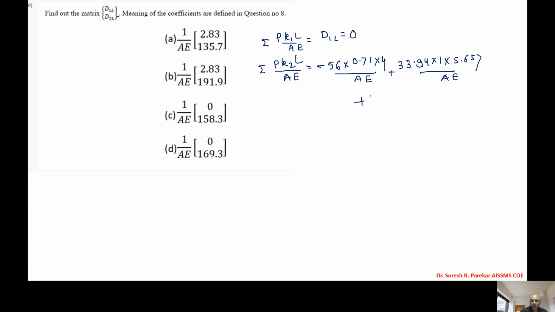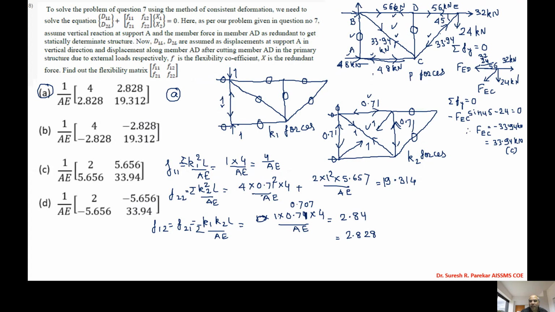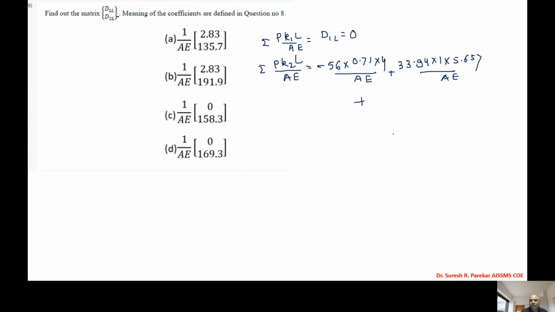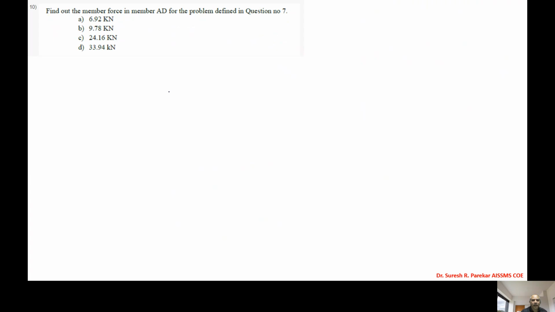Plus third we have member 48 in compression, and we also have compression 0.71, so plus 48 into 0.71 into 4 upon AE, and we have this value 169.3. And this will be D2L, 169.3 upon AE.